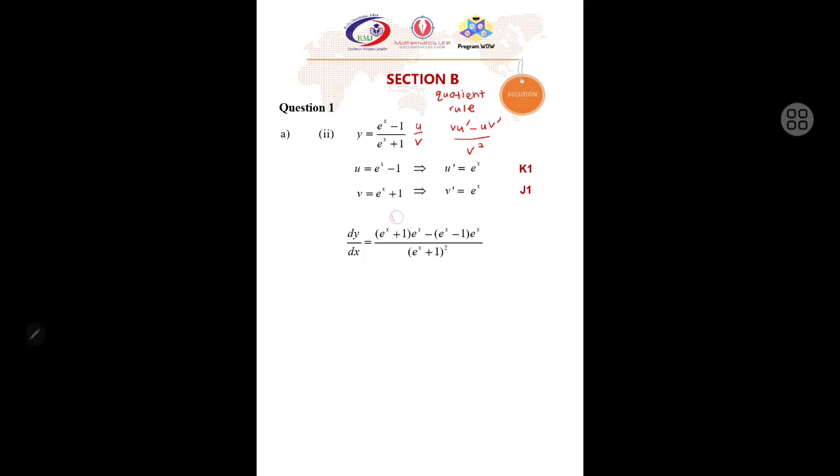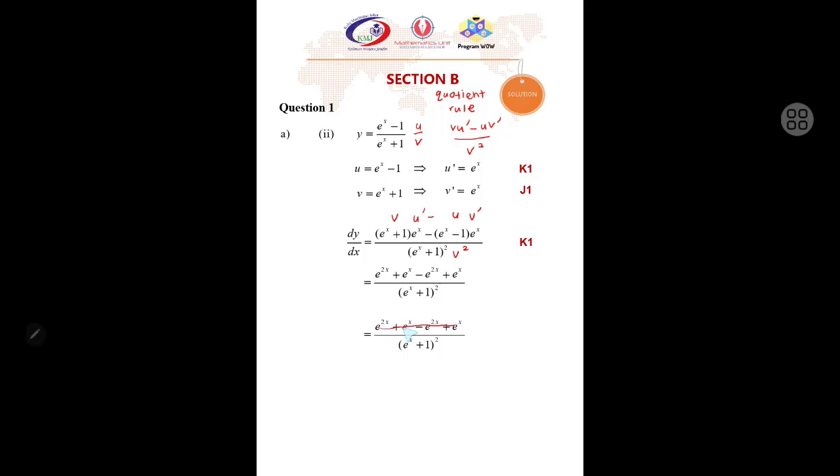After you find u prime and v prime, you substitute into the quotient rule formula. So this is your v, this is your u prime, minus u, v prime, over v squared. So that is K1, and then you simplify by multiplying e^x inside the bracket. So you will get e^x times e^x, you will get e^(2x) plus e^x minus e^(2x) plus e^x.